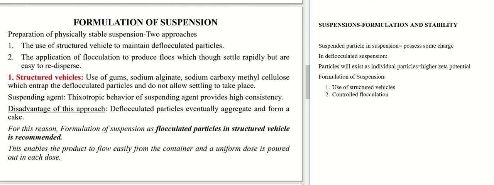There is another way. The third approach is the use of the first two approaches together, like controlled flocculation with the use of structured vehicles. Now let's see one by one.